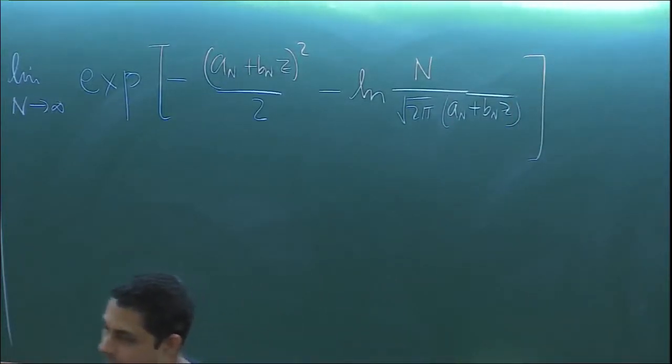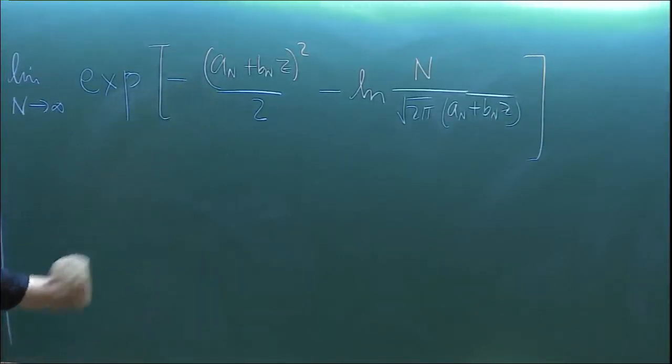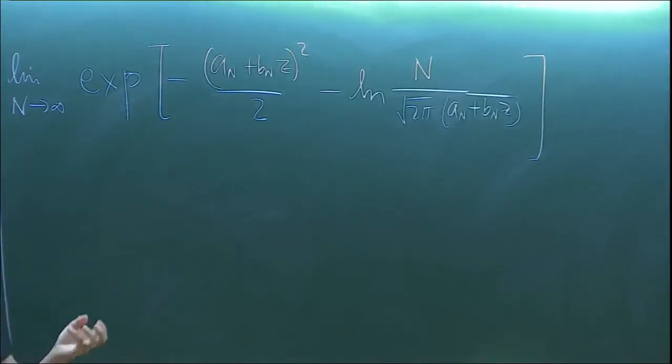I've just put this here and taken up the log. Now I have to choose an and bn in such a way that in the limit n goes to infinity, this becomes something independent of n. Okay, so how do you do it?